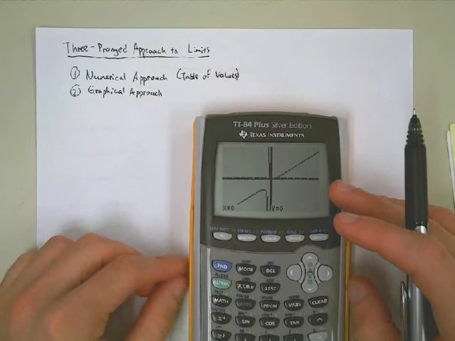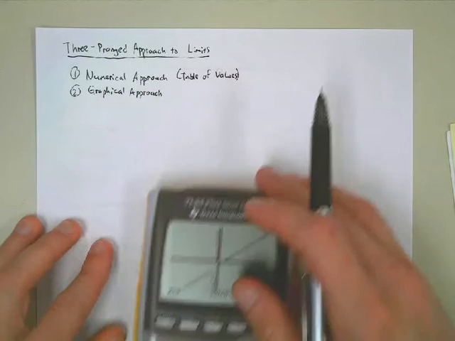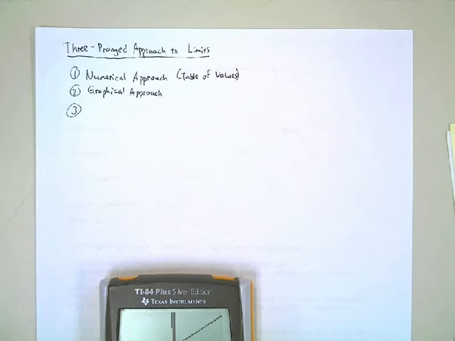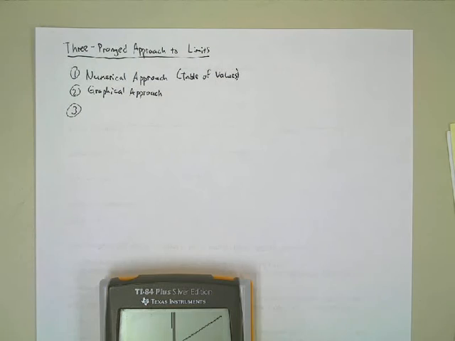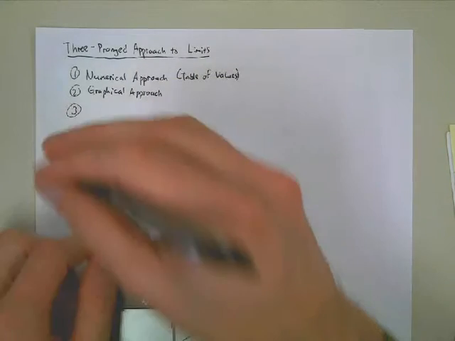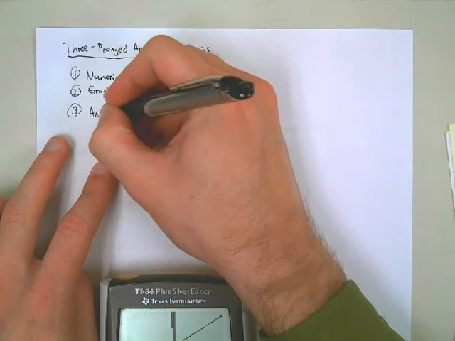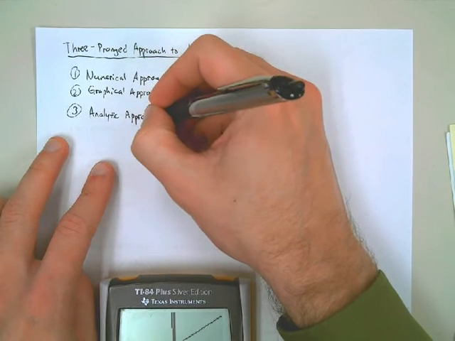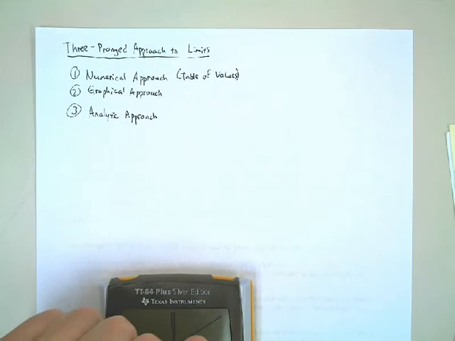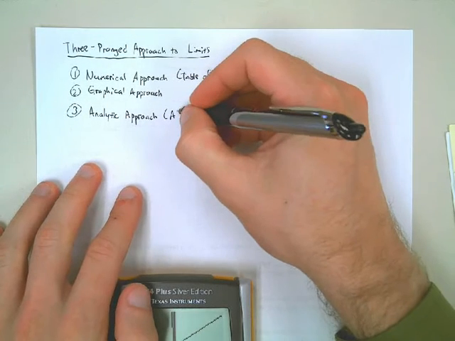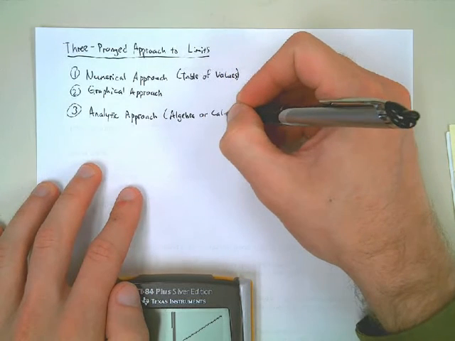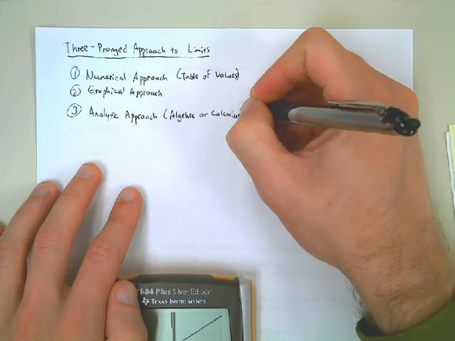And then the third approach, which we're not going to get to for this section of notes, we'll get to it later. It's the analytic approach, which involves using algebra or sometimes calculus. Obviously we don't know calculus yet, so we won't be using calculus to analyze limits just yet.